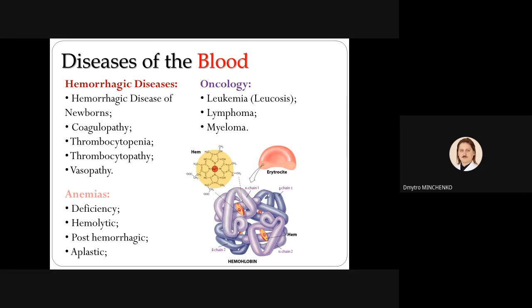Examples: hemorrhagic disease of newborns, coagulopathy, thrombocytopenia, thrombocytopathy, vasopathy. Anemias. Anemias can be classified into deficiency, hemolytic, post-hemorrhagic, and aplastic. And oncological blood disorders, which can be classified as leukemia or leucosis, lymphoma, and myeloma.